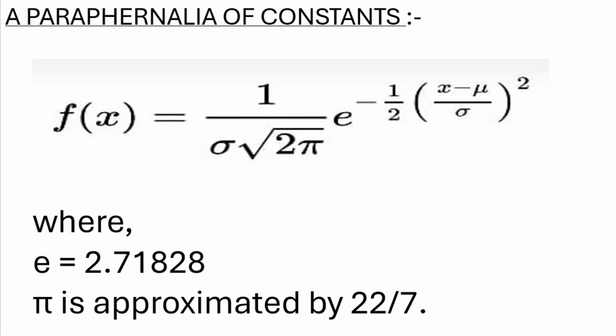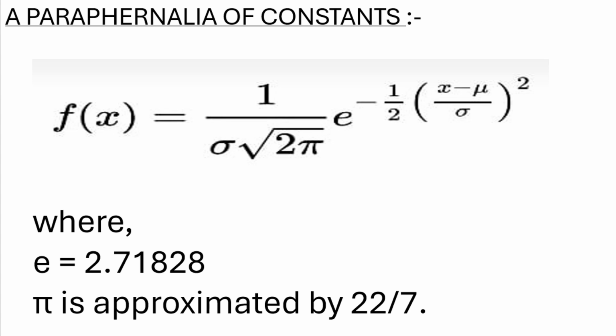But then, looking at the mathematical representation of this normal distribution, it is apparent that it is like a paraphernalia of constants. It has many constants which have come together in a particular order and given birth to this PDF of normal distribution.